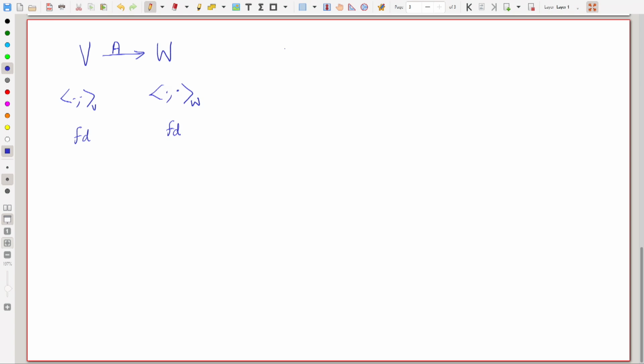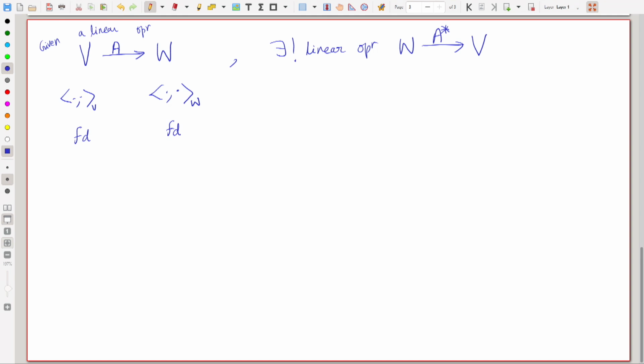The theorem says the following: given a linear operator A from V to W, there exists a unique linear operator in the reverse direction called the adjoint.